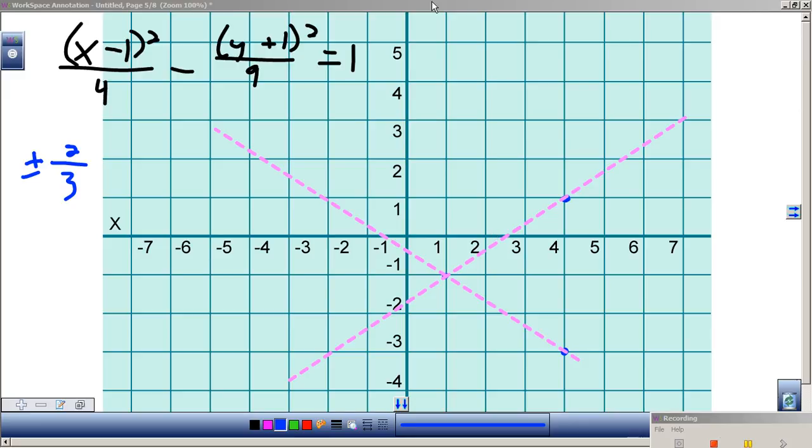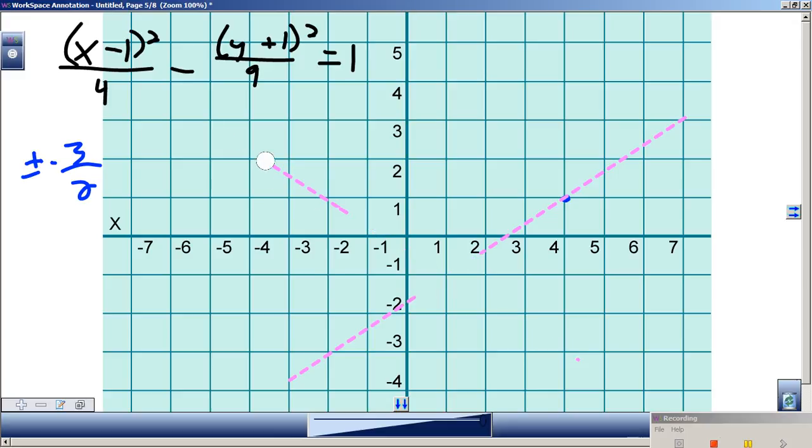You did the same for both. We're doing a horizontal one, so we should have been doing B over A, not A over B. So 3 over 2. So from (1, -1), 1, 2, 3, 1, 2. My mistake. Oh well, we can fix it.